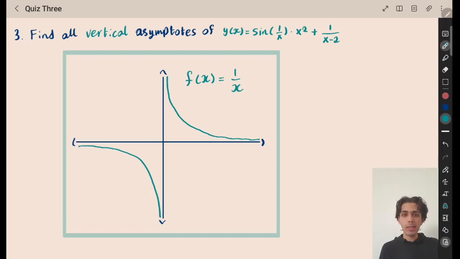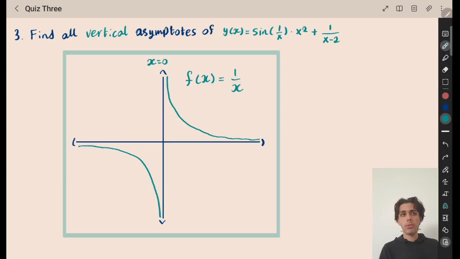And if we recall what an asymptote is, it is a point or a value which the function always approaches but never reaches. In this case, it's the point x is equal to 0. The reason why it never reaches it is mainly because it's not defined there. So that is an example of a vertical asymptote.